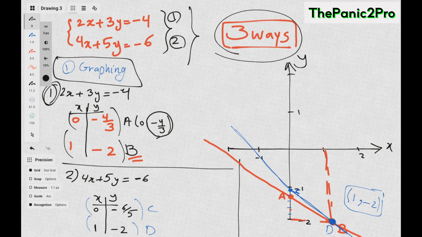For example, how to find 6 over 5, how to figure out where this point is. These are rough and estimate calculations. It is quick, but the calculation is not always exact. But that's one way, right? Let's go to the other ways. We have 2 ways left for solving the system of equations.